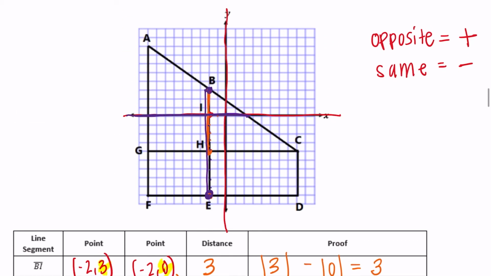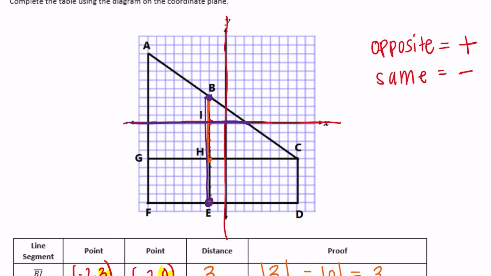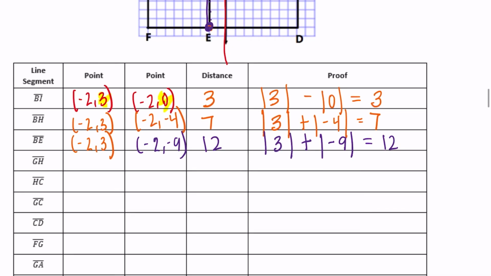GH. Okay, look for GH is right here. So the coordinate for G would be -9, -4. And I've already found H. H was right here.